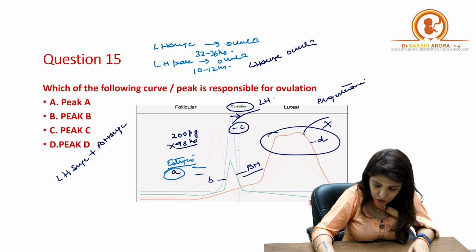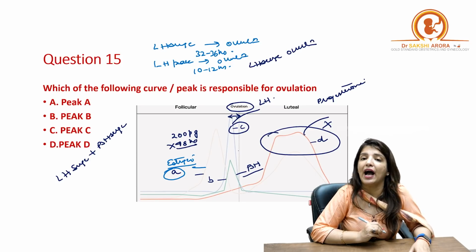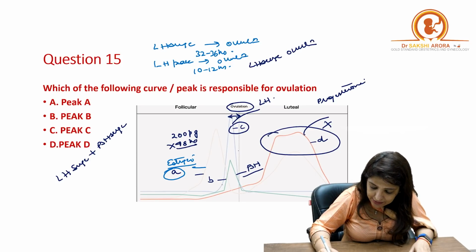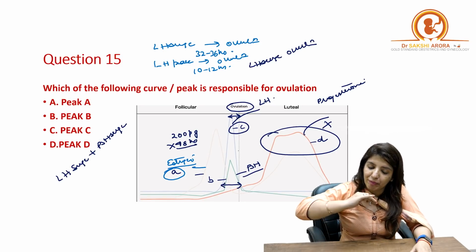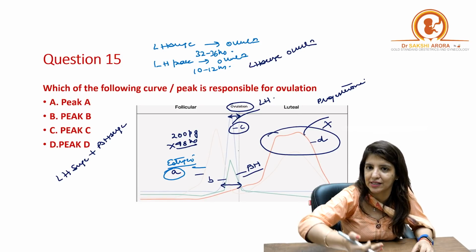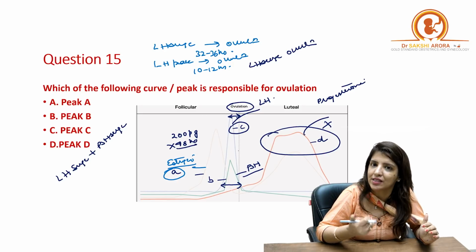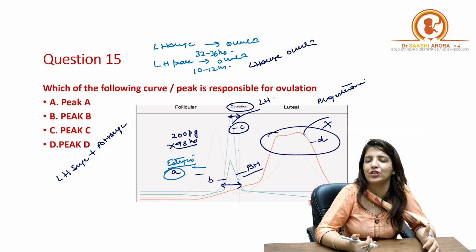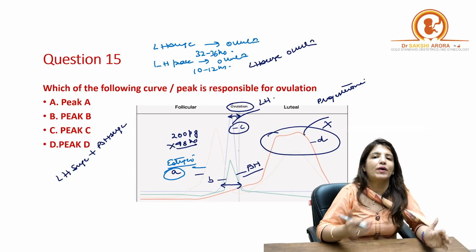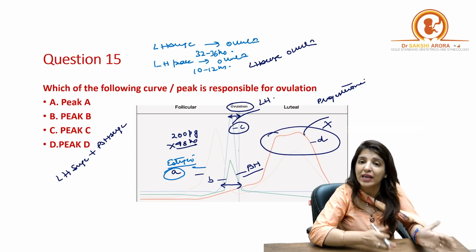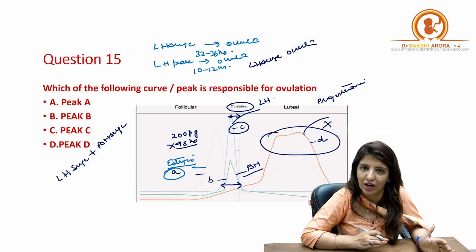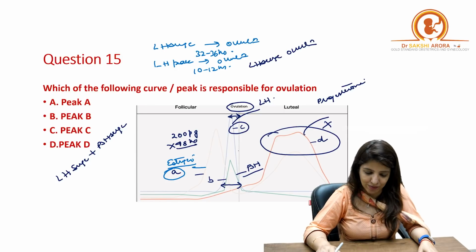This is the time interval between LH peak and ovulation. And this is the time interval between LH surge and ovulation. The place where LH starts increasing, that is LH surge, and the time gap between LH surge and ovulation is 32 to 36 hours, whereas the time gap between LH peak and ovulation is 10 to 12 hours. That was a pretty easy question.